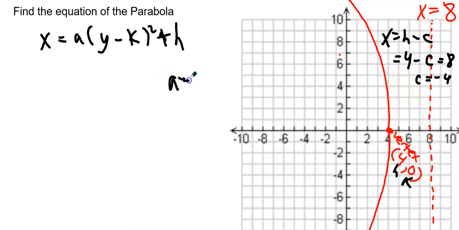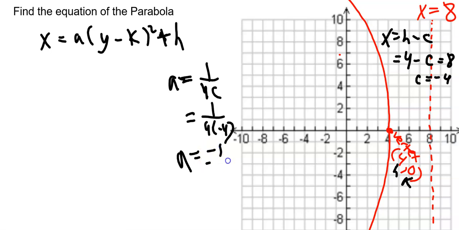So a equals 1 over 4c. So 1 over, let's see, 4 times negative 4. So a equals, sorry, this is really sloppy, negative 1/16.